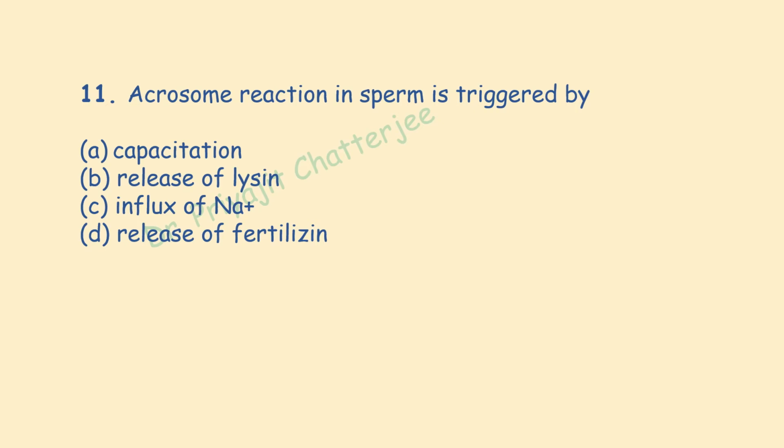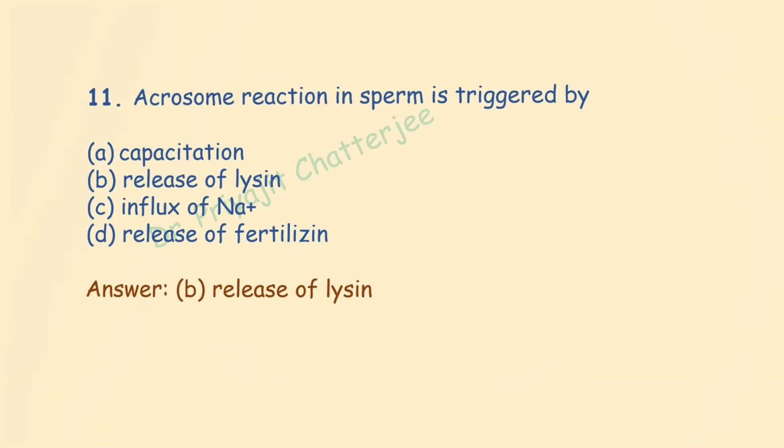The contents include surface antigen and numerous enzymes which are responsible for breaking through the egg's tough coating and allowing fertilization to occur. So this reaction is triggered by the release of lysine. So here the correct answer will be release of lysine that triggers the acrosome reaction in sperm.